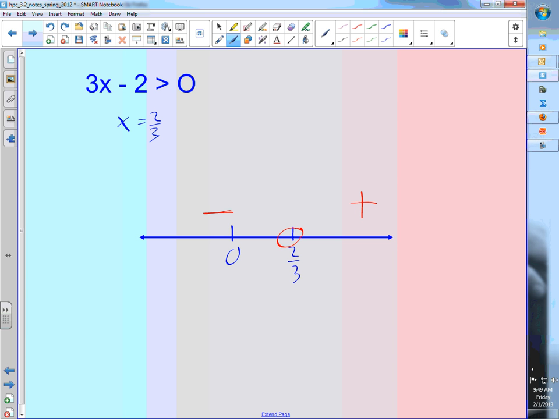That's a positive. Don't care what the numbers are. Just care if it's positive or negative. When you look at your inequality, we want the function to be greater than 0. Which of these is greater? That's the positive. So my interval is from 2/3, again, to infinity. No mystery here. All right. 2/3 to infinity.